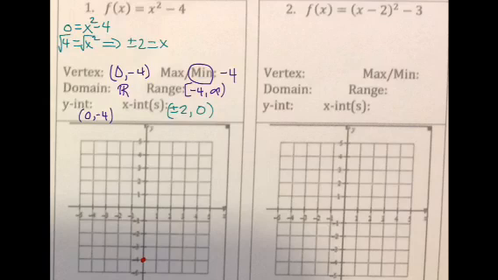The x-intercepts are 2, 0, and negative 2, 0. And if you want to plug in another number, that's fine. So let's say if x is 3, x squared is 9. 9 minus 4 is 5. So right here, at 3, 5 would be another point.